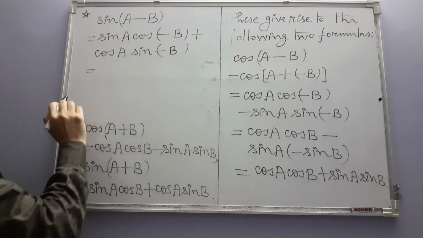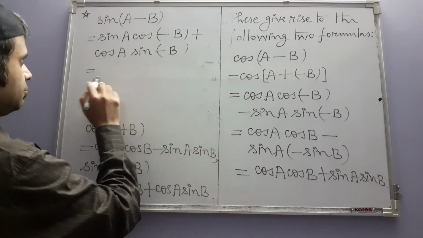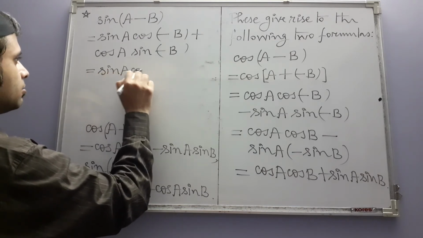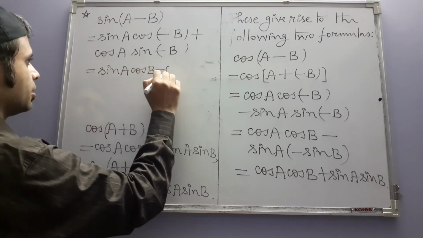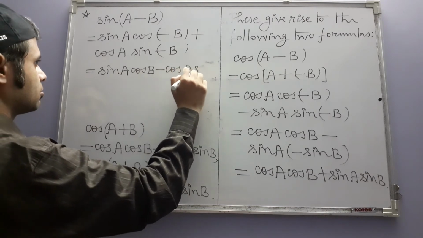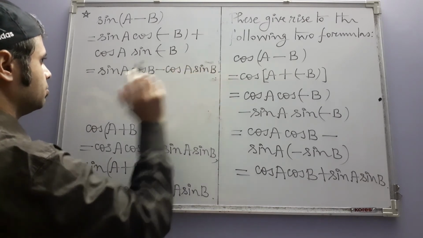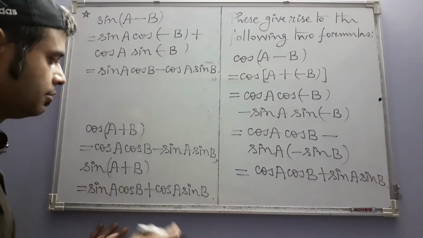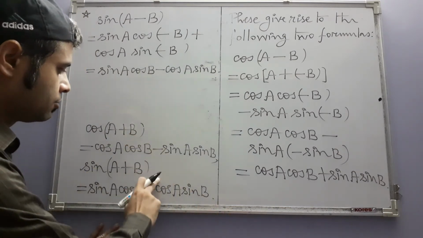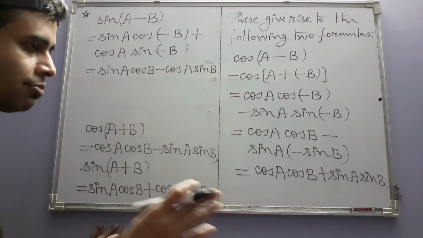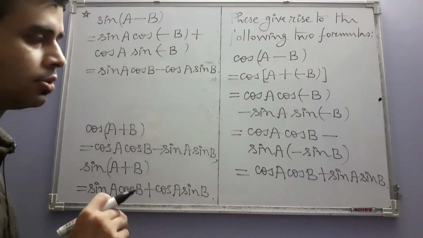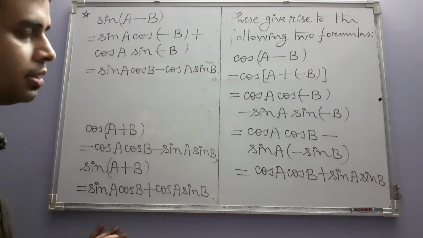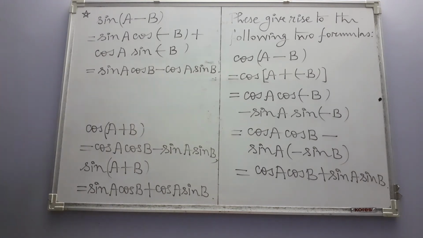Again, using evenness of cos and oddness of sine, we get this. Sin A cos B minus cos A sin B. And using, in fact, again these four, 1, 2, 3 and 4, you can find many other formulas which you, I think, have already come across in trigonometric courses.